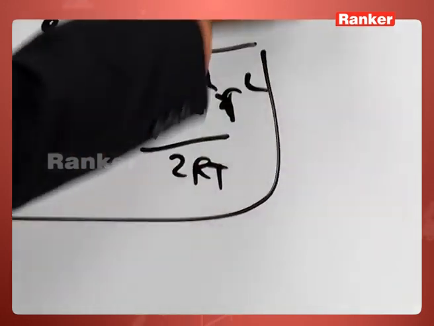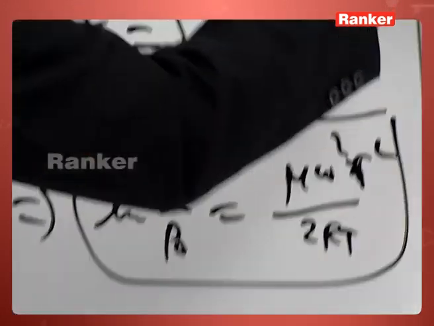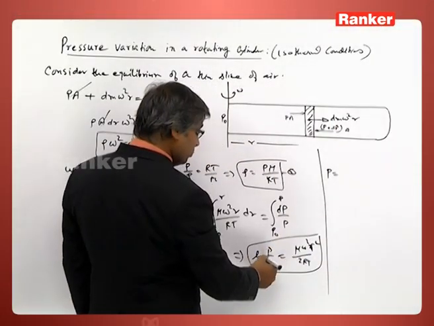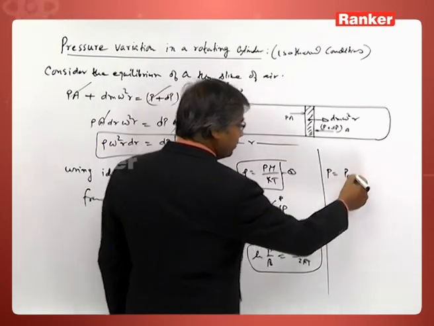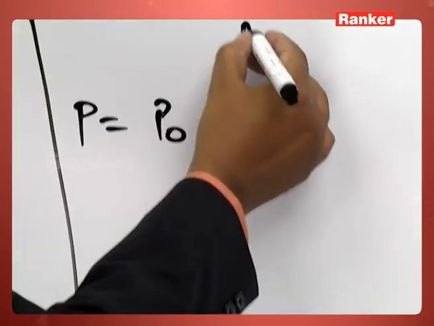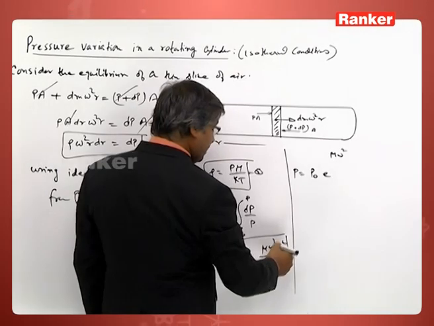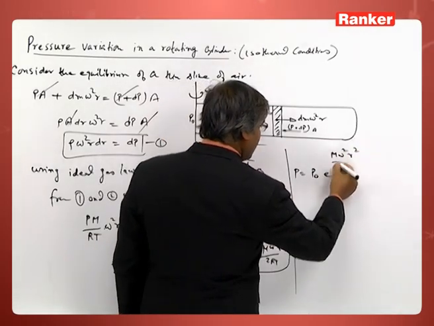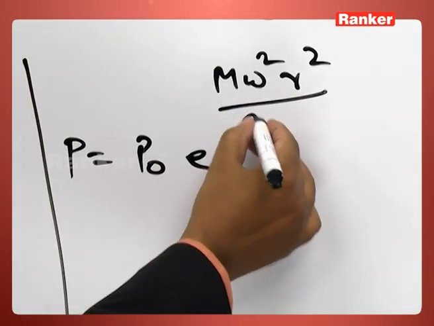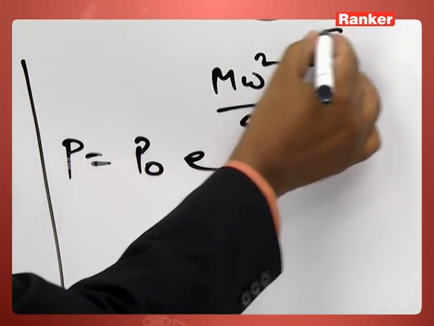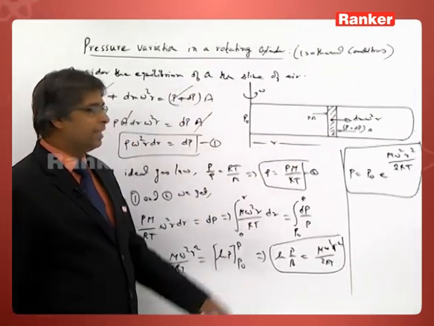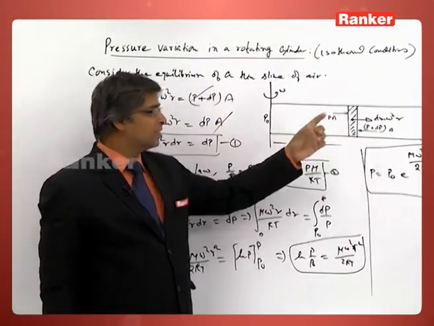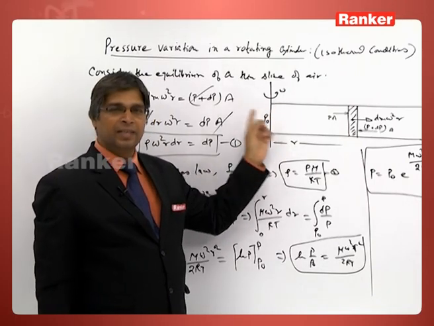Finally, P will be equal to P naught times e to the power M omega square r square by 2RT. This is how the pressure will vary with the radial distance in a rotating cylinder.